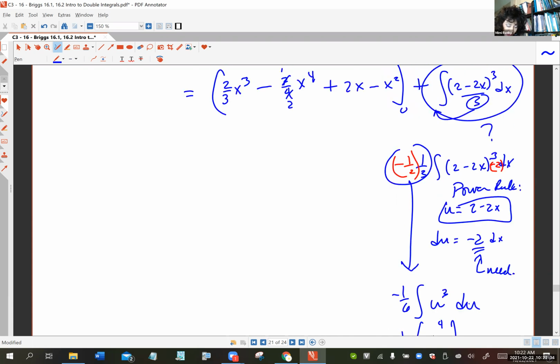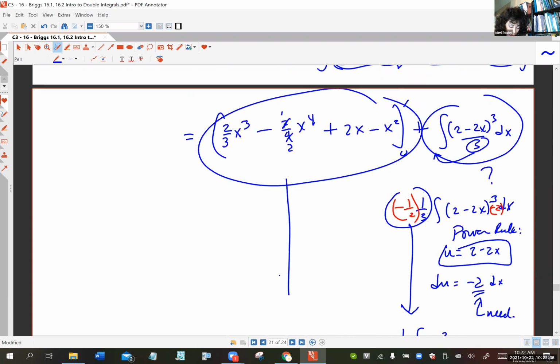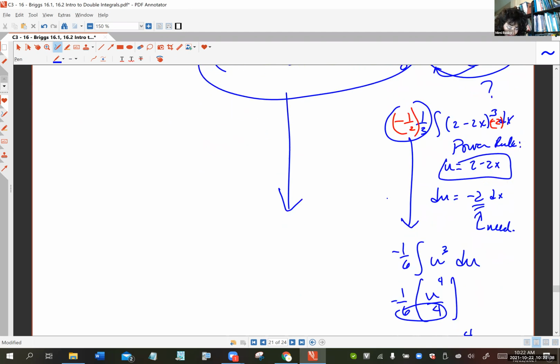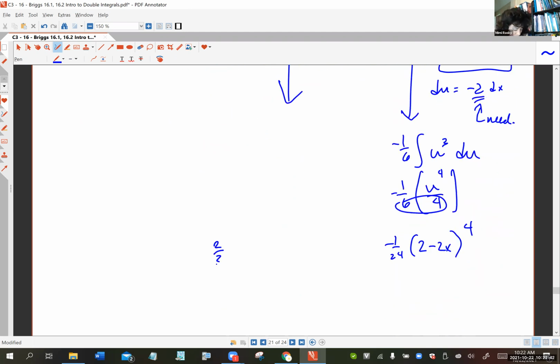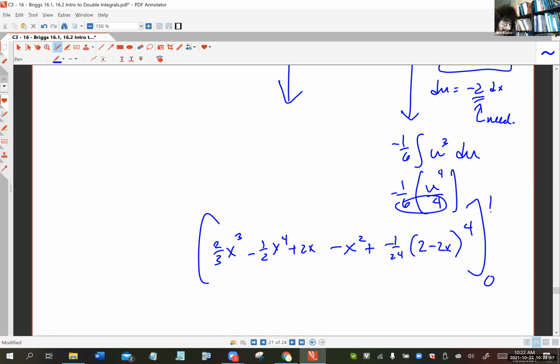Okay, now what I'm going to do is I'm going to call these guys all back. Hey guys, you can come back now. So I had the 2/3 x cubed minus the 1/2 x to the 4th plus the 2x minus the x squared, and then plus this last term. And I'm going to evaluate all of this between the limits of 0 and 1.